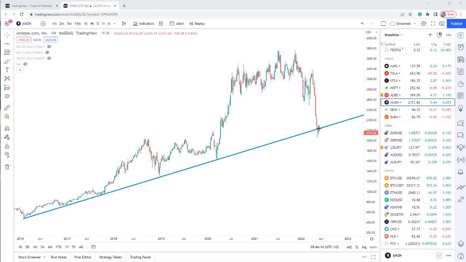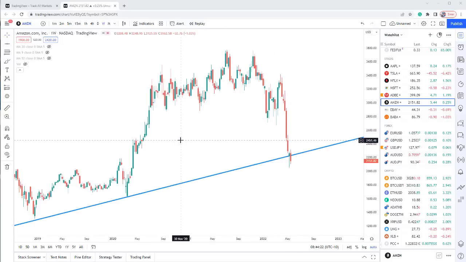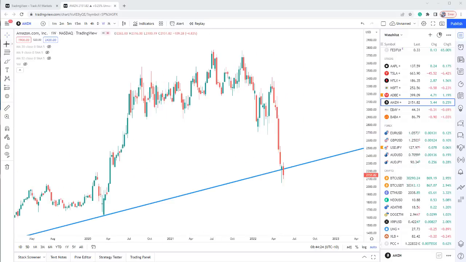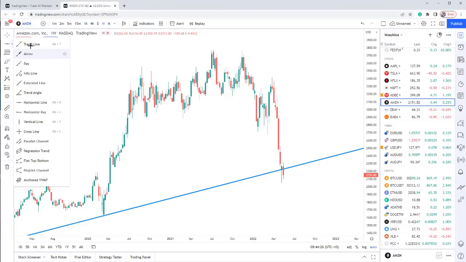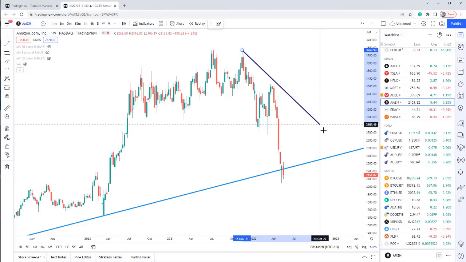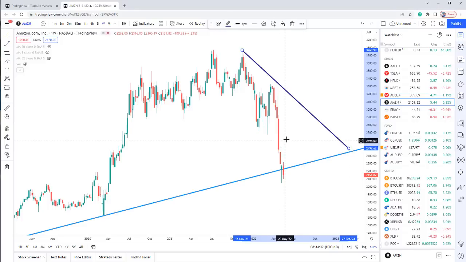And we can see what we have through here, right? So we could be getting ready for a move back up towards that level through there. If we have a look at trend lines, we definitely have a big, strong trend. So Amazon would have to get back above this trend line for it to start to be really bullish.